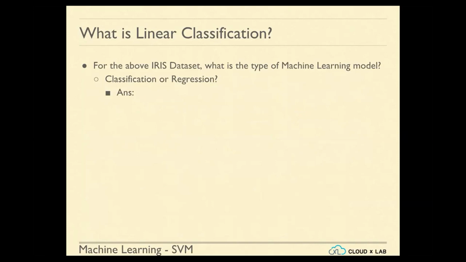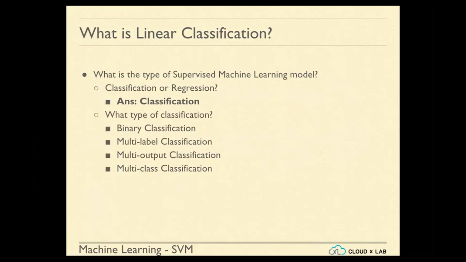Just feel free to type, just to keep everyone awake and engaged, right? Yes, it's classification. That's right. Great, thank you, Robert. Now, what type of classification is it? Yes, that's right, it is multi-class classification. Perfect.